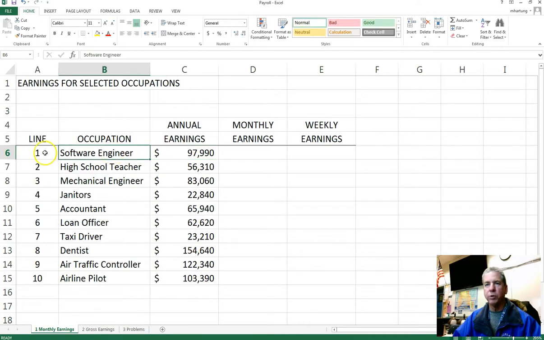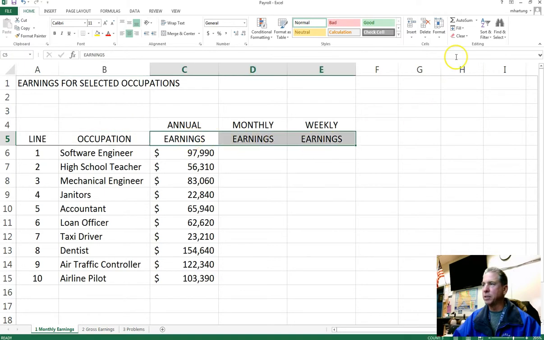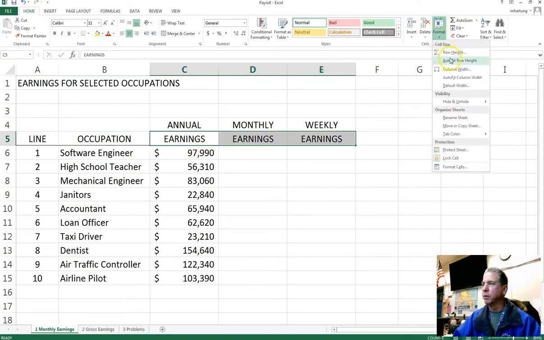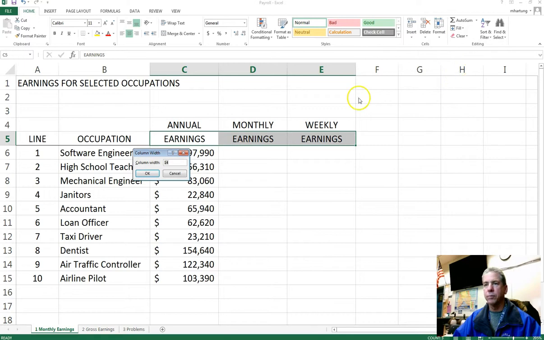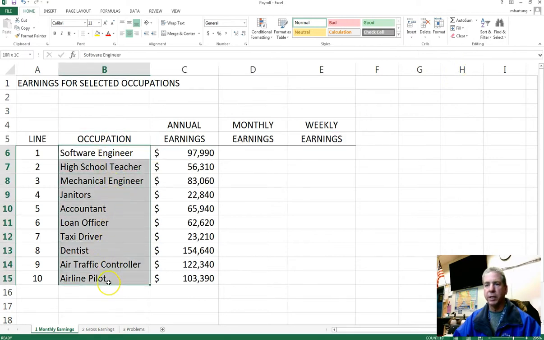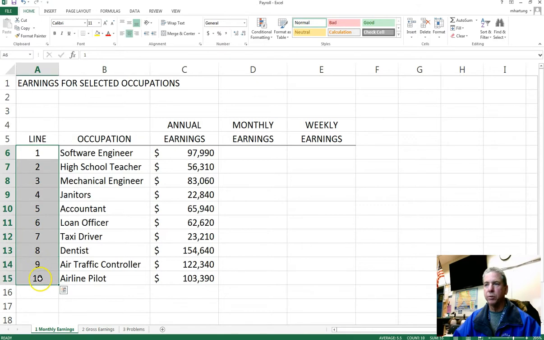Now go ahead and get those listed and format these columns. Let me see what I've got here for this width. That's at 14. This one's a little bit wider to accommodate the occupation. Our line numbers are centered.